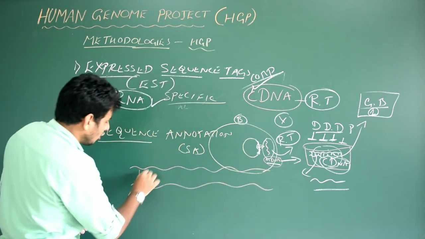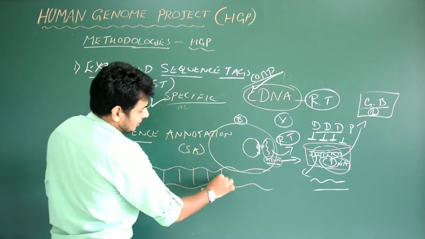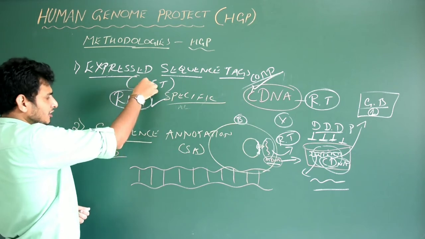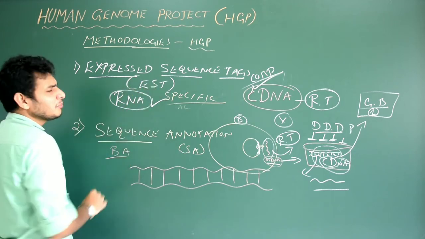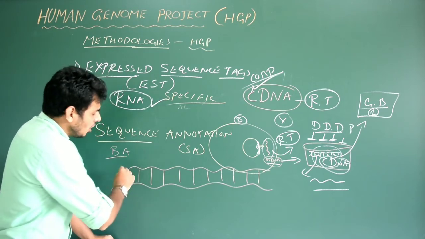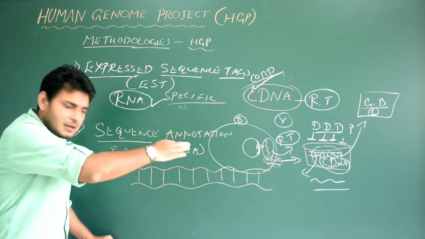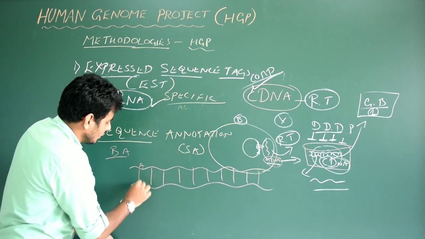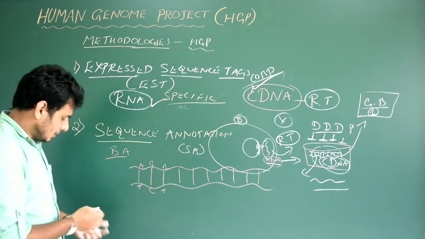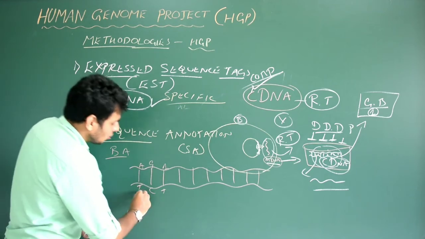Here I am not following the EST method. It is a blind approach. So it is understood that the EST is a specific method, and in this case it is a blind approach. Blindly I am doing it. First thing is I will sequence the nitrogenous bases. Determine the sequence of the nitrogenous bases, how exactly they are arranged in my genome, which includes coding and non-coding segments.